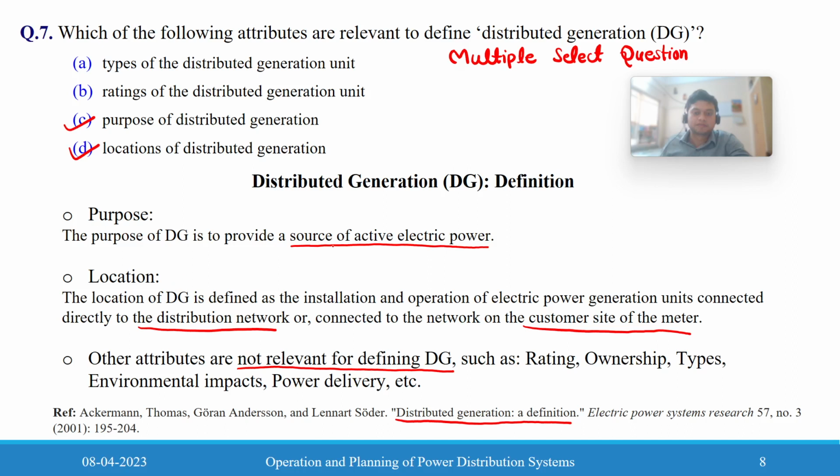So if we see the purpose here, we are considering only the active electric power. So we can say that DG does not need to be able to provide reactive power.